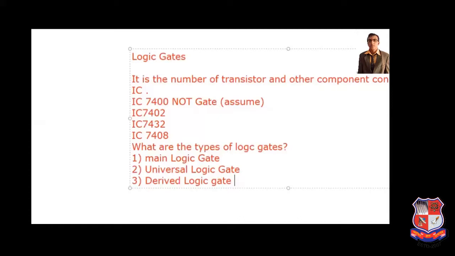What is the meaning of main logic gate, universal logic gate, and derived logic gate? In main logic gate, there are three different names: AND, OR, NOT. It is the main logic gate. And NAND, NOR, it is universal logic gate. And derived logic gate, XOR and XNOR. It is the derived logic gate.